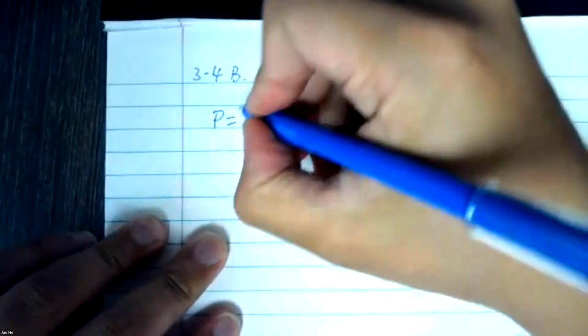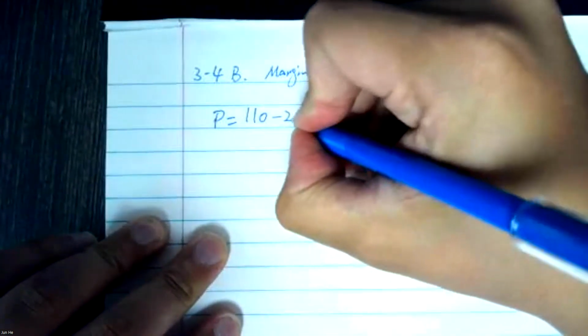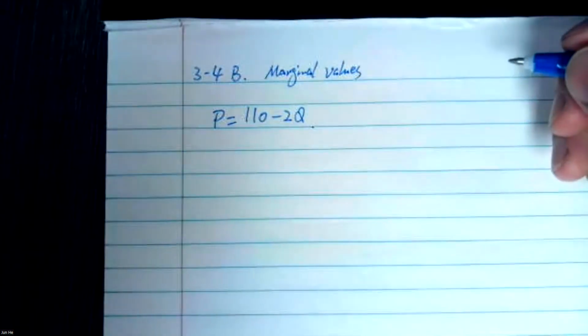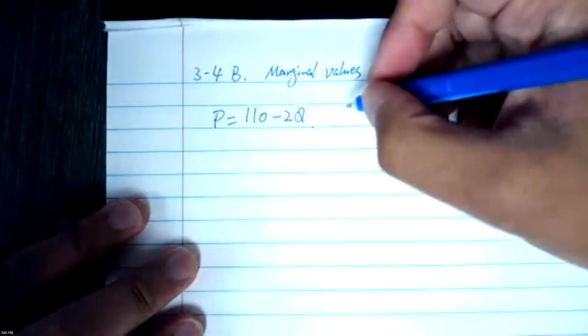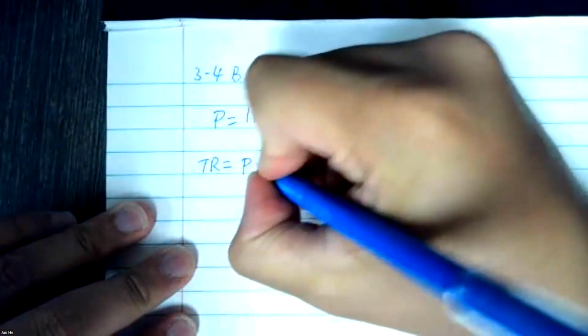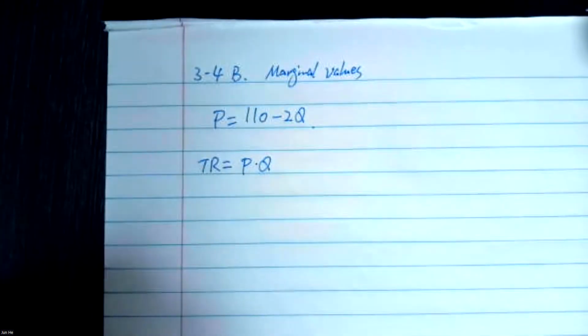In this question, what we have is P equals 110 minus 2Q, right? This is the price on the revenue side, because total revenue is price times quantity.